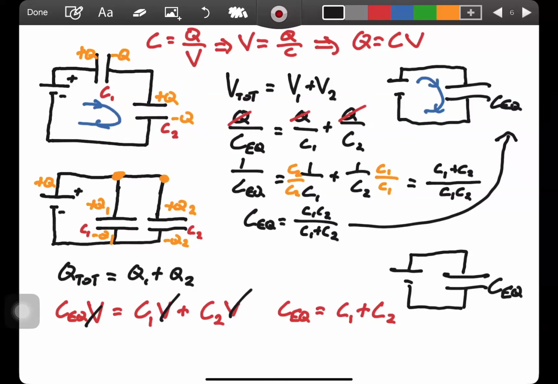And so now this term functions as the equivalent capacitance. Okay, so just remember, series means that you have different voltage drops across the circuit elements. Parallel means you have the same voltage drop across the circuit elements.